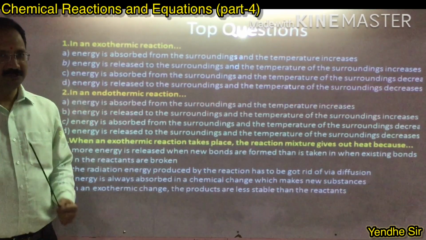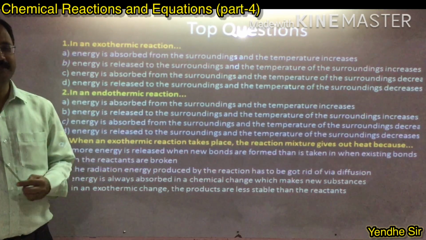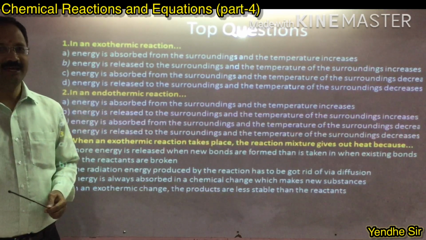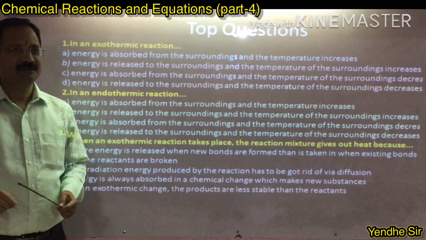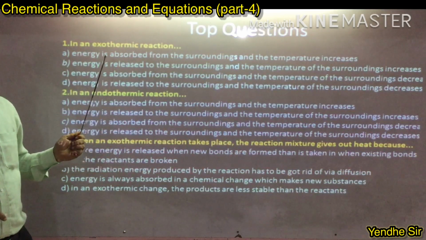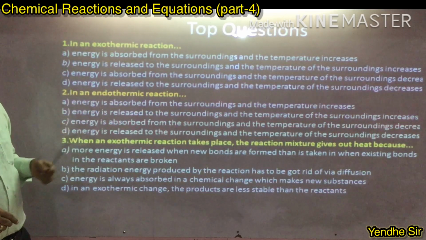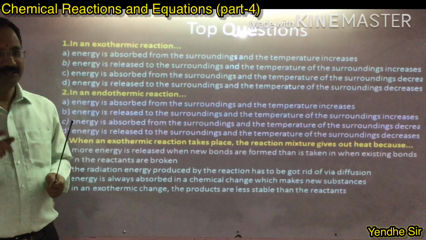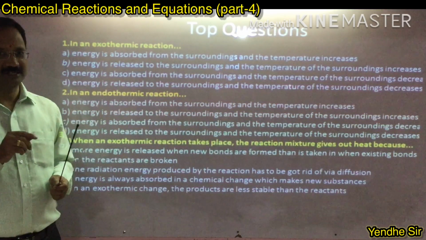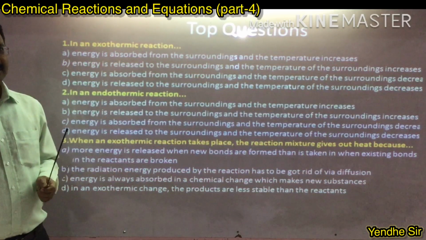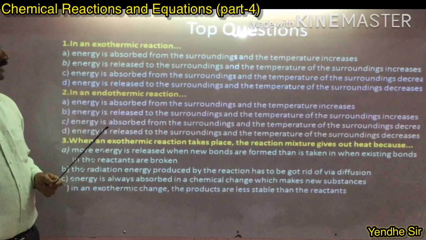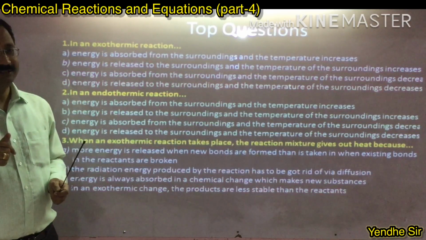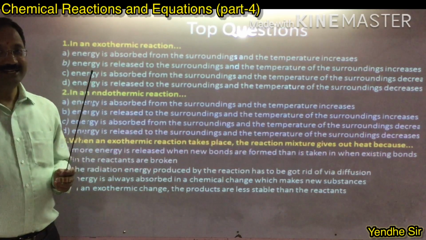Let's see the top questions that depend upon exothermic and endothermic reactions. Read the first question. In an exothermic reaction, I told you the idea to remember. In the exothermic spelling, enter is there. Enter means what? Energy decreases.